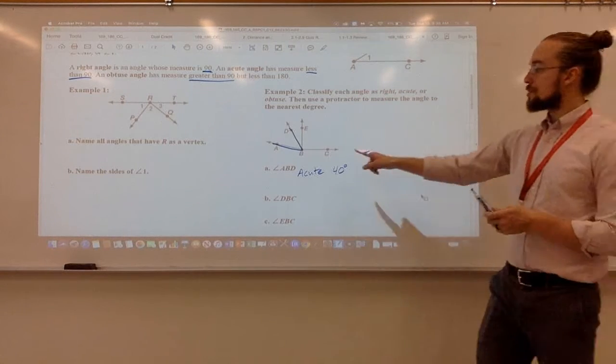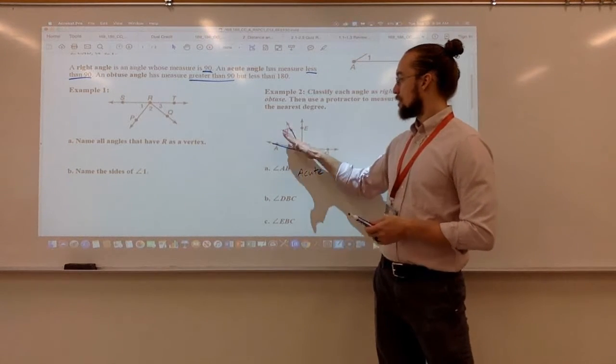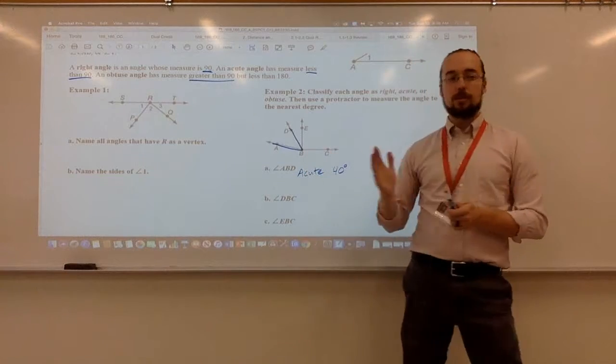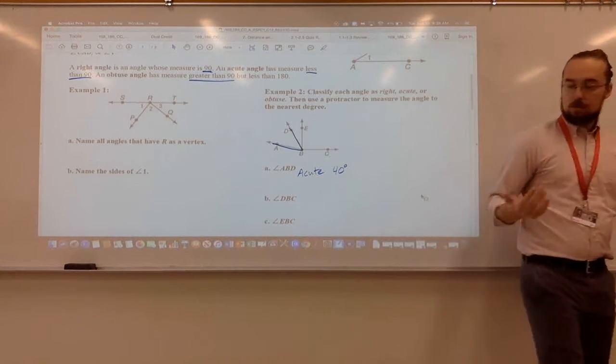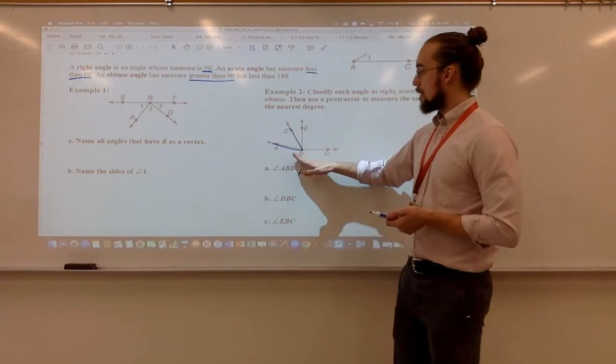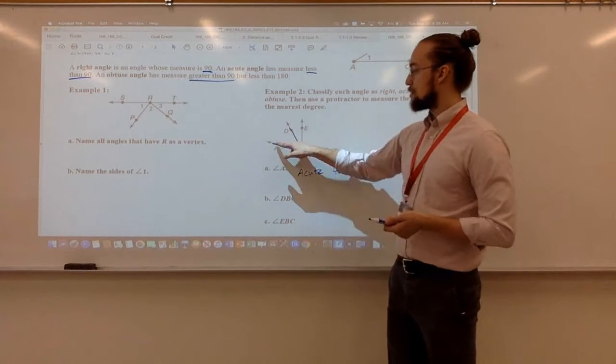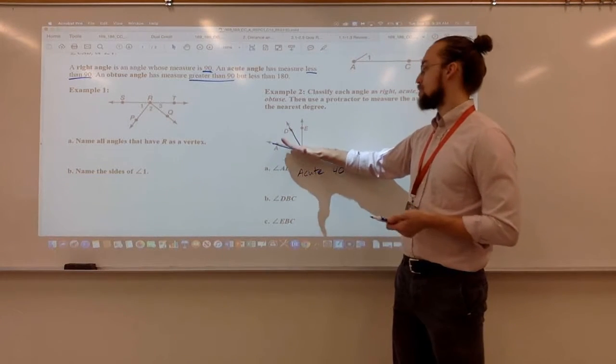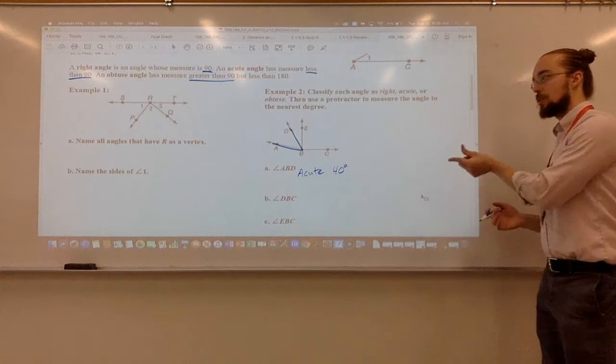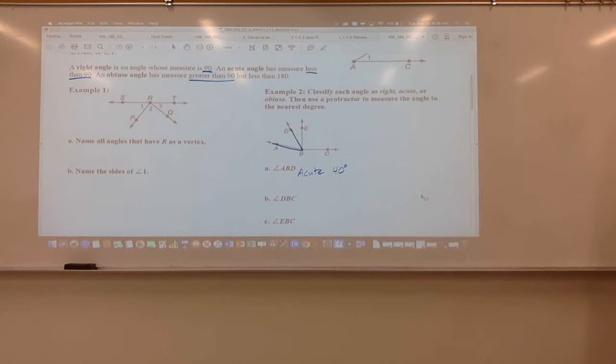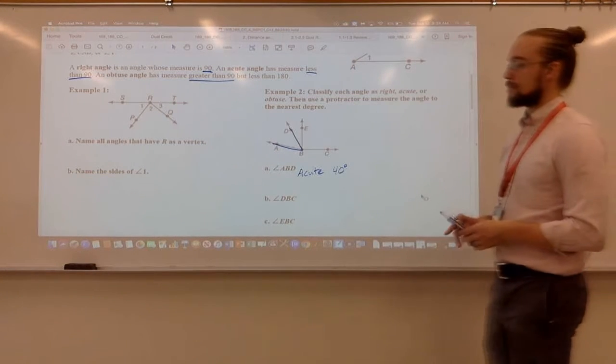So remember, just because ray BD here is kind of close to BE that's going straight up and down, that doesn't necessarily mean it's close to 90. This piece, AB, is slanted up. So to look at that angle, I'd say it's probably a little less than 45 degrees.